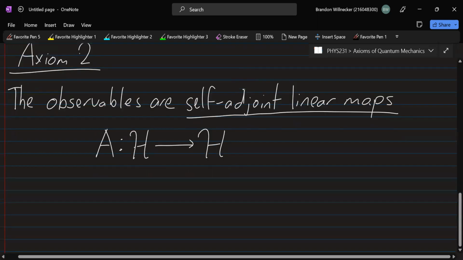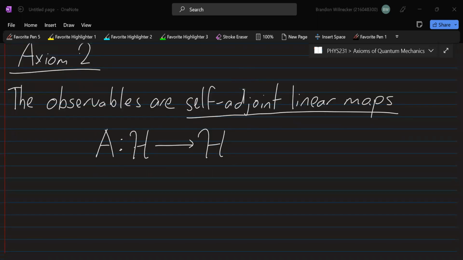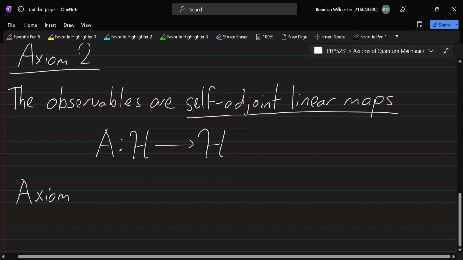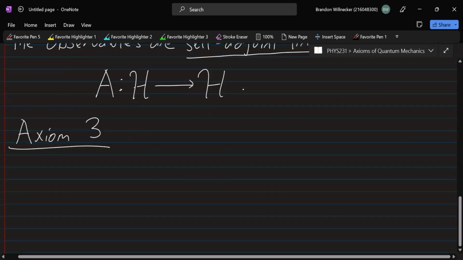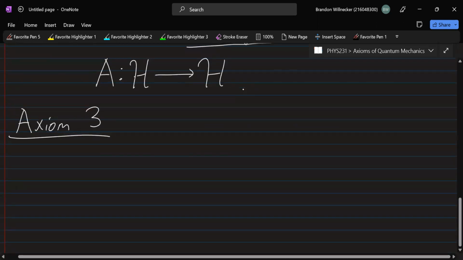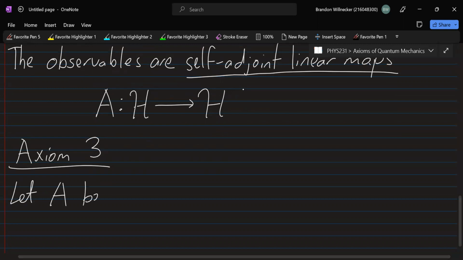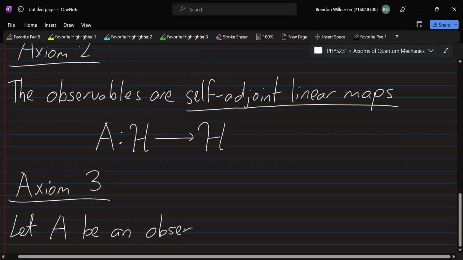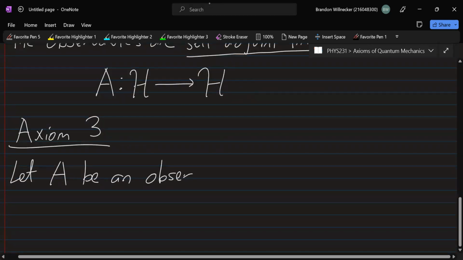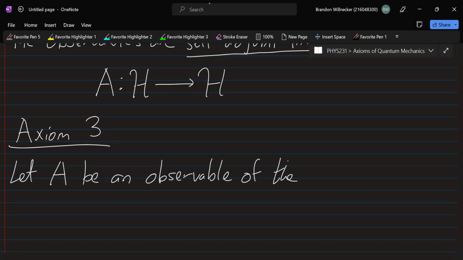Okay, so now that we know what the observables are, how do we measure them? That brings us to axiom 3. Let's say we have an observable A. So let A be an observable of the quantum system, which we know is a self-adjoint linear map.